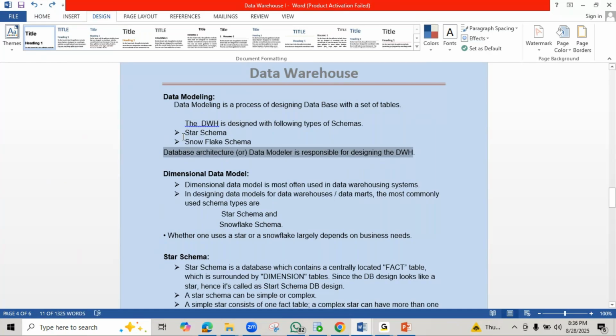So we are using the star schema, and the designing part is the responsibility of the database architect or data modeler. And from a working point of view, guys, it will be the same. Whether we are using the star schema or the snowflake schema, the working procedure for us will be the same.